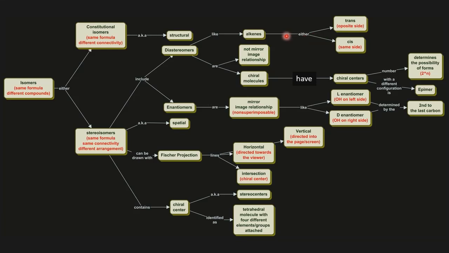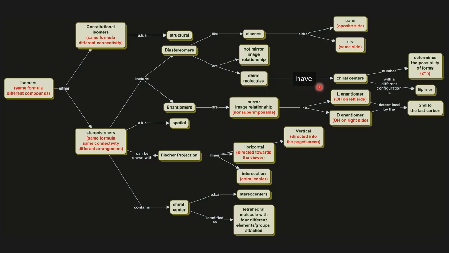That's how to look at diastereomers. Diastereomers do not have a mirror image relationship between their molecular structures, but they are both chiral molecules.